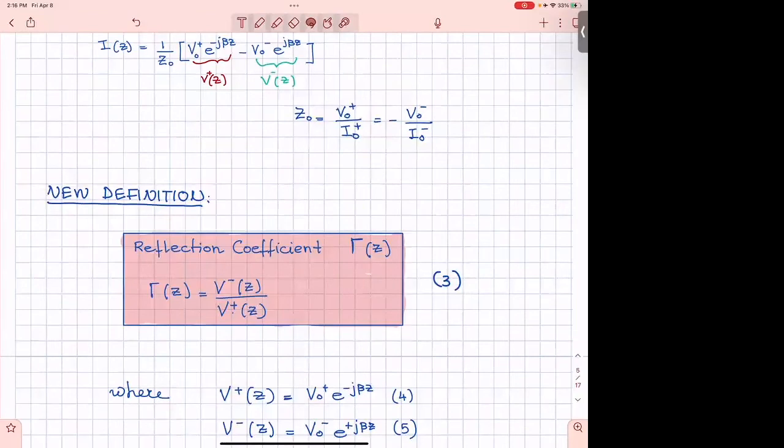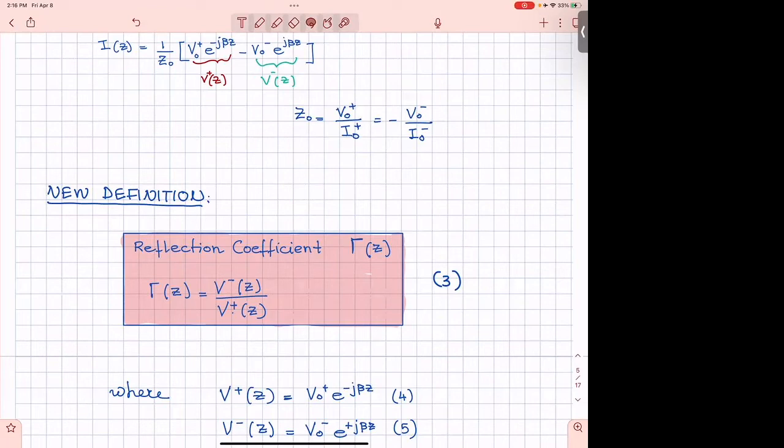Z naught relates voltage with current, for either incident or reflected waves, but the reflection coefficient relates the reflected voltage to the incident voltage. All right. And this is called the voltage reflection coefficient.